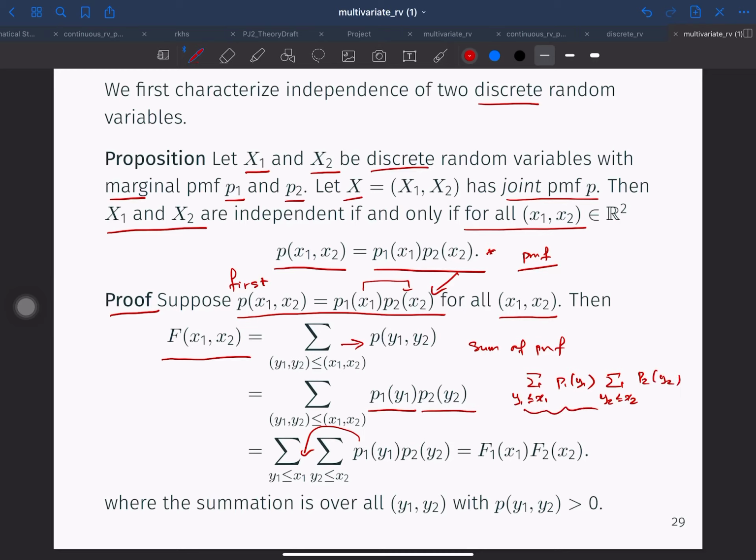But this is nothing more than F1, the marginal cumulative for X1, and the marginal cumulative for X2. And so that satisfies the condition earlier. That is, the joint CDF is the product of the marginal CDFs.